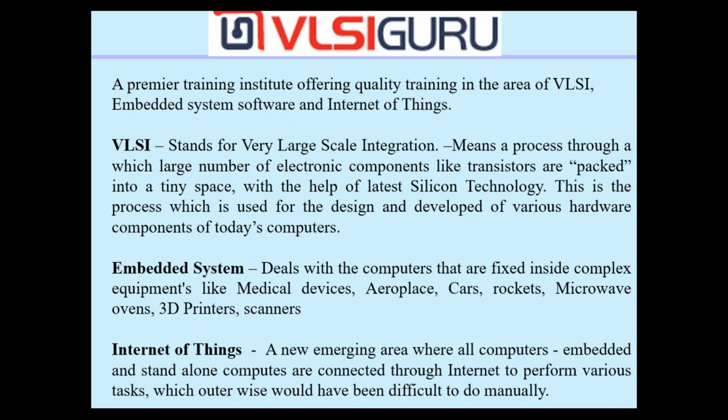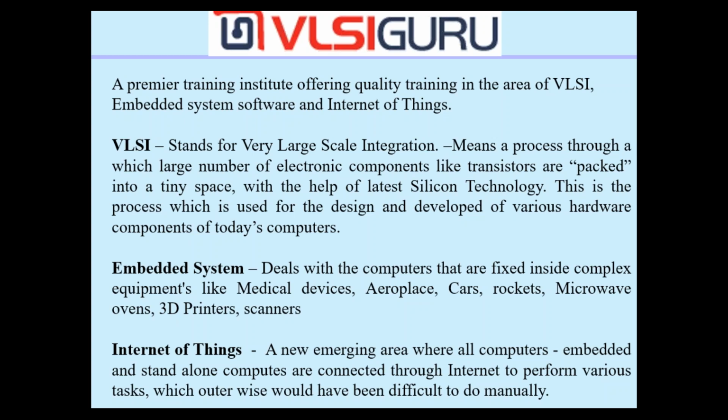Computers which go into medical devices, aircrafts, cars, rockets, your washing machine, scanners, name it, wherever you see, there are computers going. But there is a difference between computers like laptops and those computers that go inside the devices.